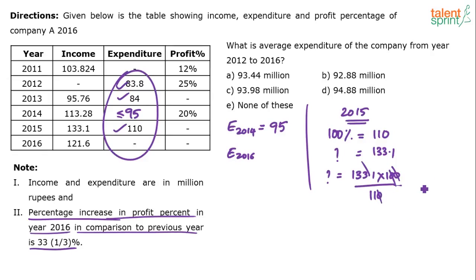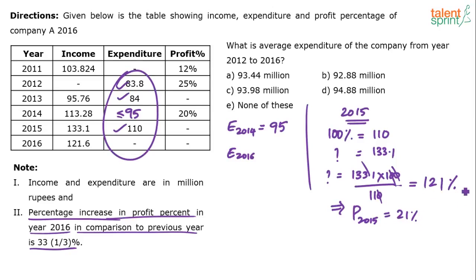So 1331 by 11, right? 100 times is 1100, 20 times is 220, 1 times is 11. So exactly 121, which means the income in the year 2015 is 121%. This implies the profit in the year 2015 is 21%.